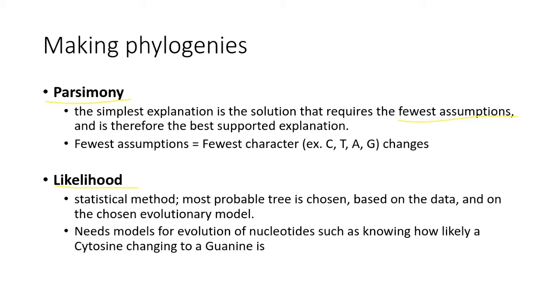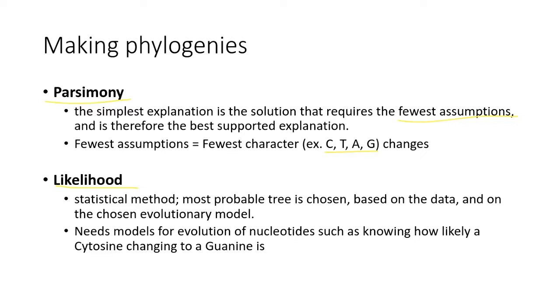During evolution, nucleotides switch from C to A, from T to A, from G to C. That's a mutation. The tree built by maximum parsimony contains the fewest nucleotide changes that would result in the relationships graphically presented by this tree.